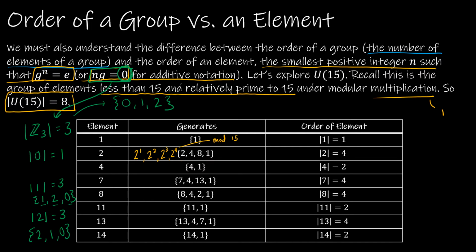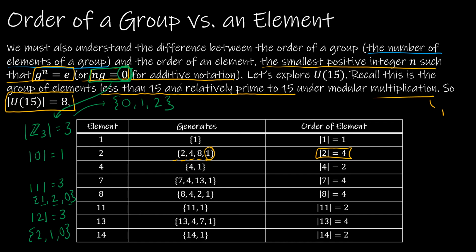So 2 to the first was 2, 2 to the second was 4, 2 to the third was 8, 2 to the fourth is 16, but mod 15, that's 1. So notice the fourth time I get back to 1, and that is why my order of the element is 4. Now that one's pretty straightforward. I didn't have to do too much modular arithmetic.